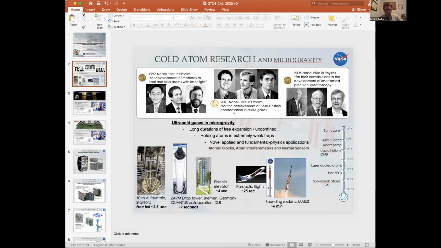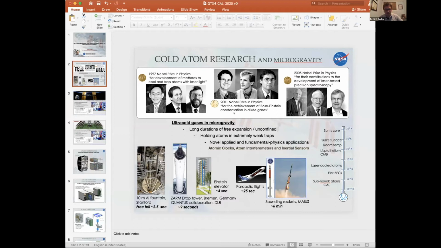So over the last 20 plus years, really almost 3 decades going back, it's been an area of research that has obviously thrived and done very well, as outlined by several Nobel Prizes scattered throughout the 90s and early 2000s.